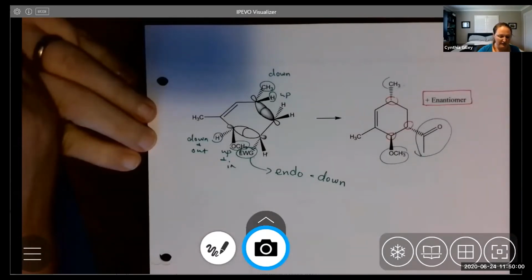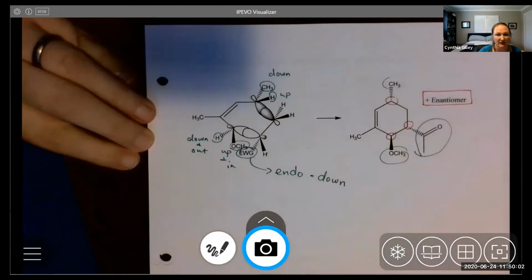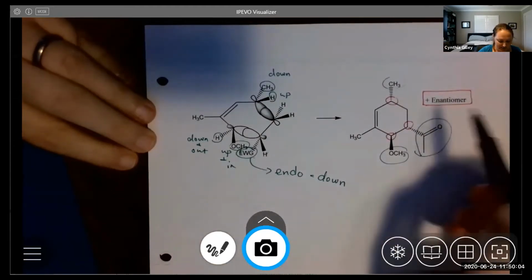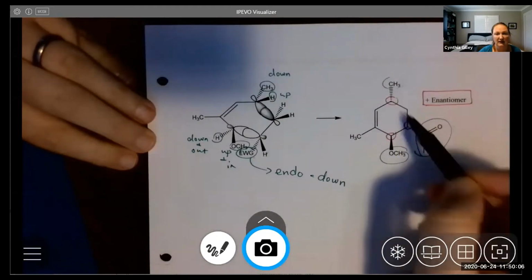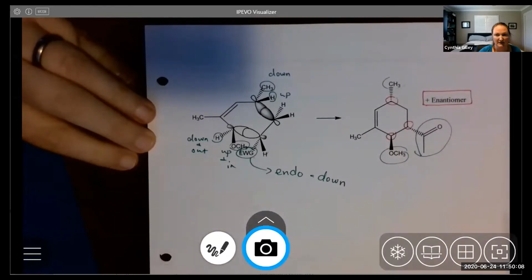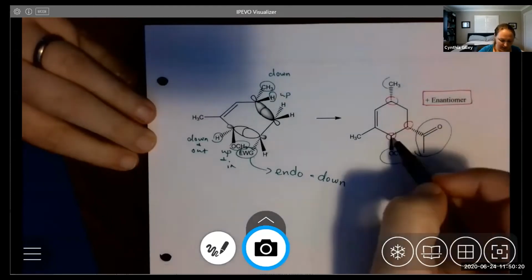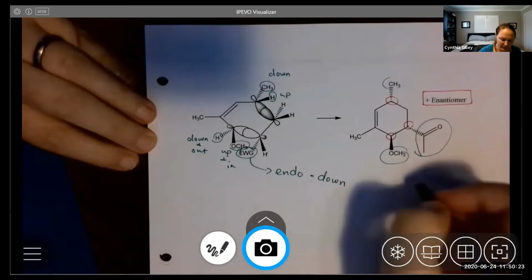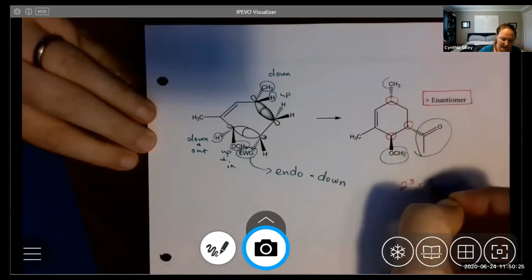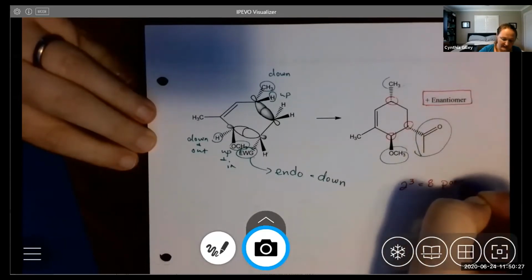So how do you know if you should write plus and minus? Basically, if there is a chiral center, then we need to write plus and minus. And it doesn't matter how many chiral centers there are. What's cool is that while you do get a mixture of enantiomers, with 3 stereocenters you have 2 to the 3, 8 possible stereoisomers that could form.